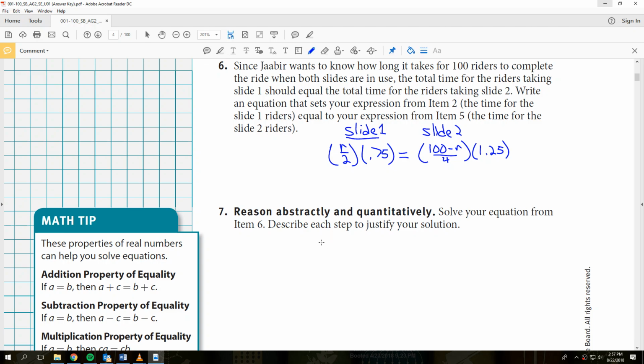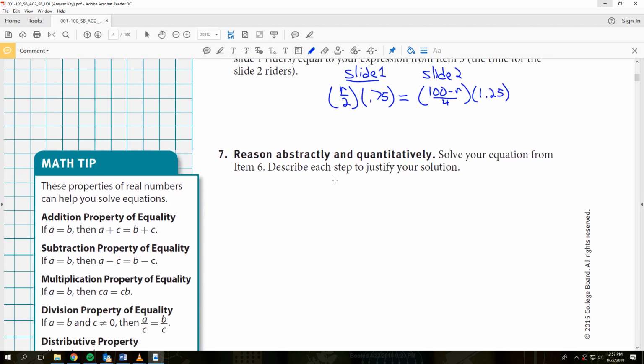So let's go ahead and write down our original equation here, which is R over 2 times 0.75 equals (100 minus R) over 4 times 1.25. And by the way, there's a lot of different ways to solve this. I'm going to do it one way.